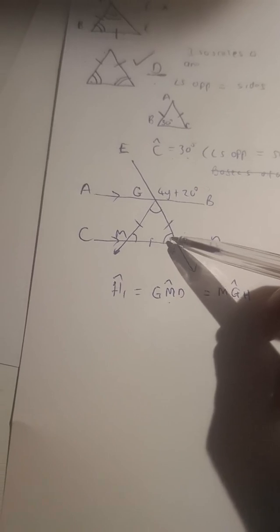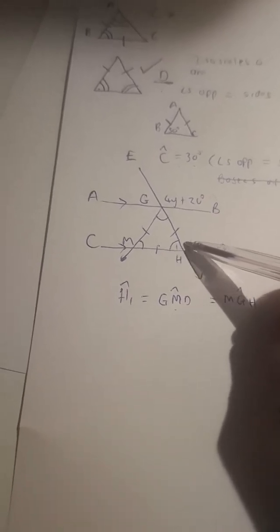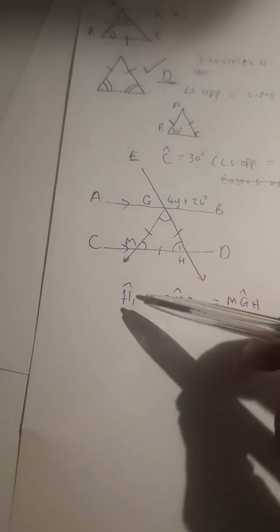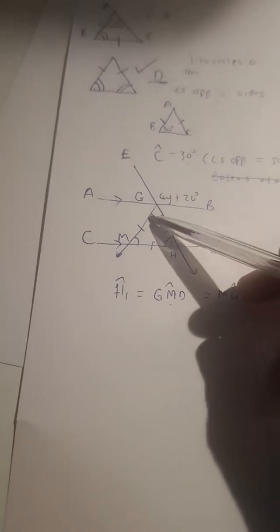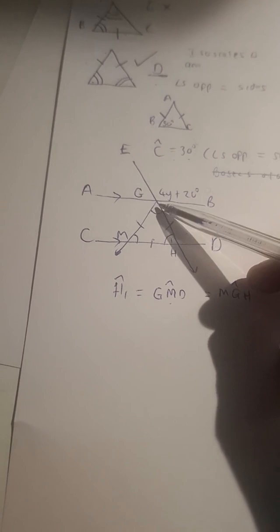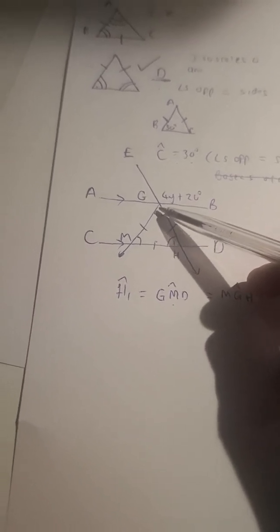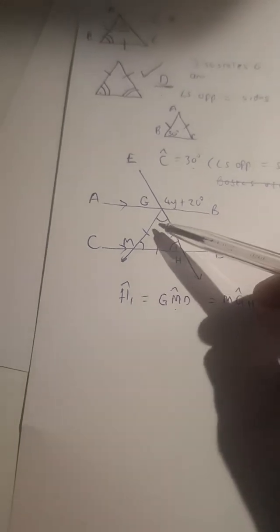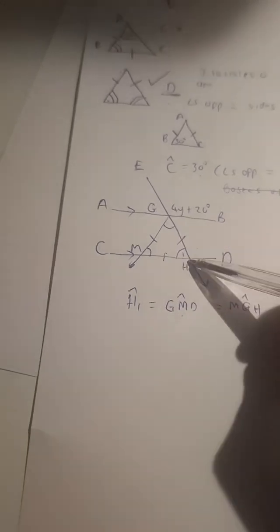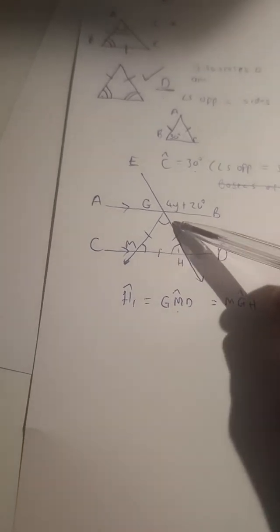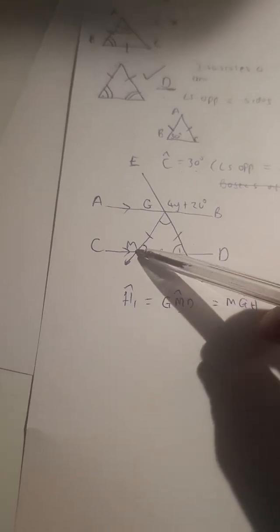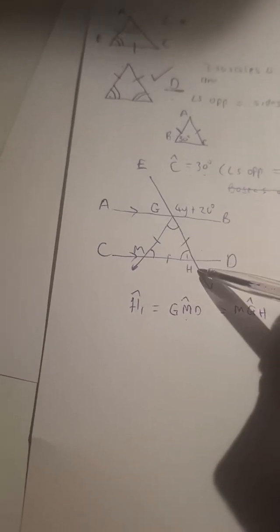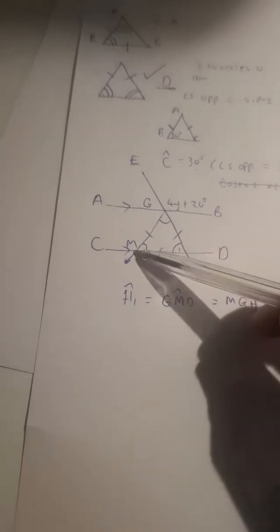This is not the value of the angle, it is the indication that this angle is H1. But here, there's no 1 or 2 or 3, so I can't write 1, 2, and 3. I have to actually use my sides of the triangle to indicate the angle I'm referring to. So it's angle MGH, or I could say angle HGM. So these 3 angles are all equal to 60 degrees. Why?